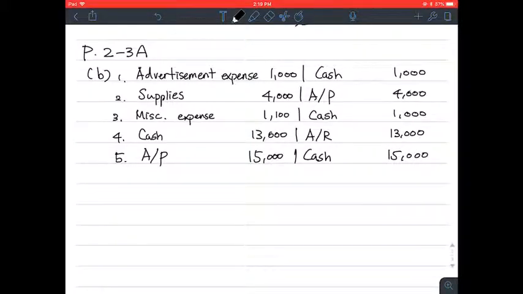If it's hard to understand, let's think of this. You purchased the furniture, you purchased an equipment and you haven't paid cash, and you said you're going to pay it in 3 months. Okay, so you write it down account payable on the credit side.